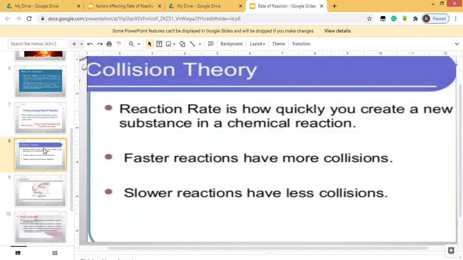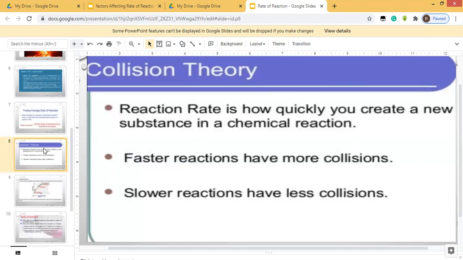When reactant particles collide, they may simply bounce off each other without changing. So this is called an unsuccessful collision. An unsuccessful collision will take place if the colliding particles do not have enough energy to react. If the particles do have enough energy to react, they may change into product particles when they collide. This is called a successful or effective collision.